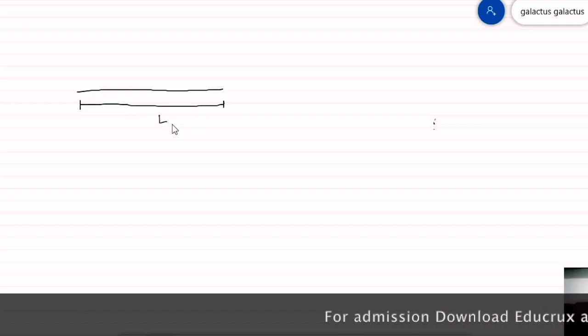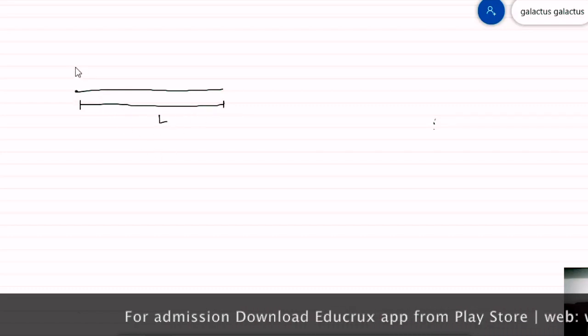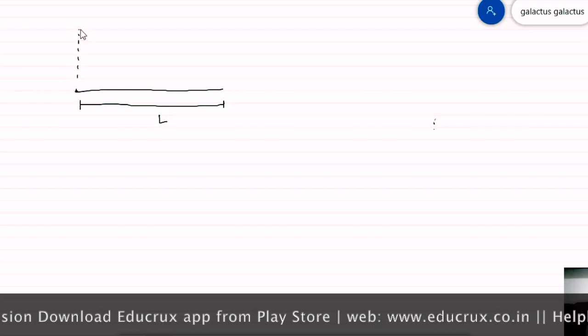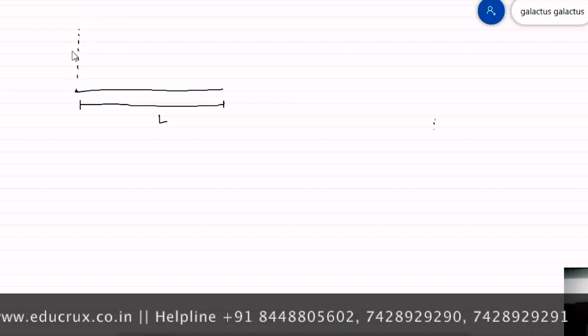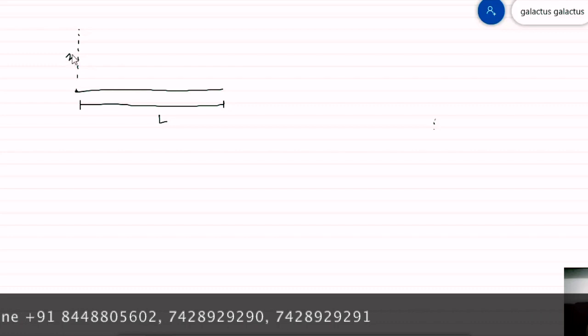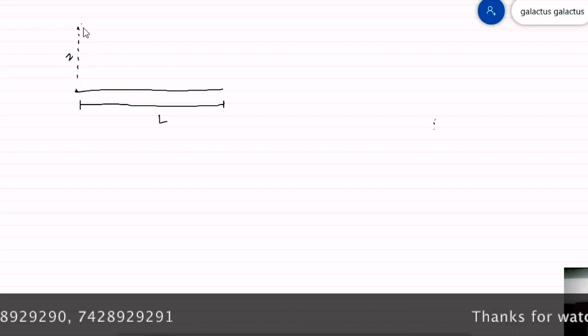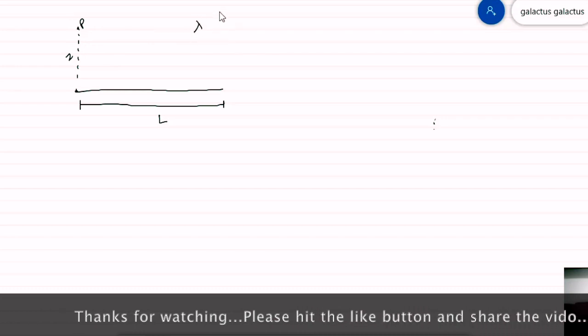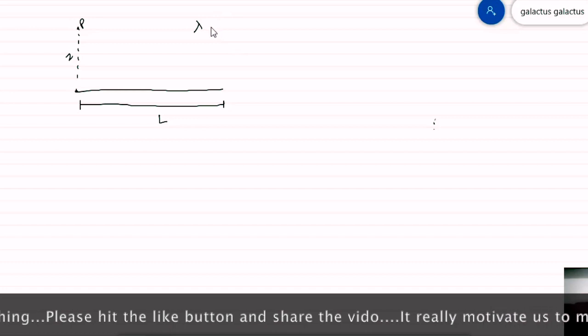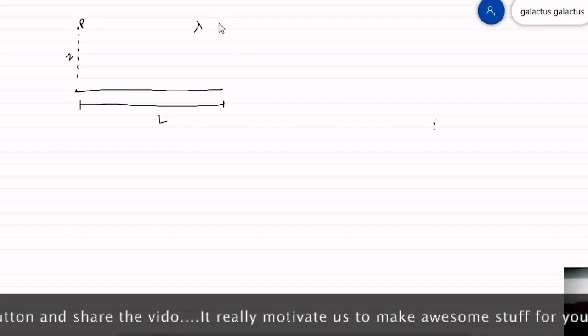So we are given that I have a wire, okay, and the length of the wire is L, and from the end or from the start, at position Z above this point, I have to calculate the electric field at point P, and I know my charge is distributed along a line, so I'm given that my linear charge density is lambda.